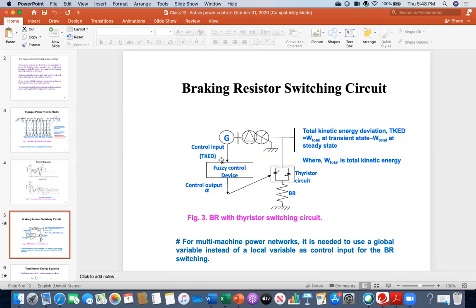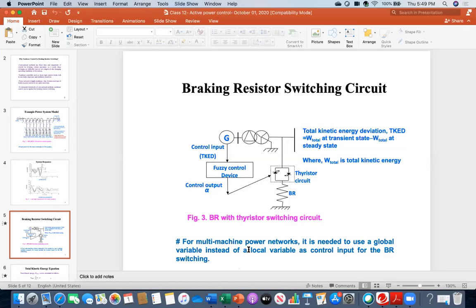Then it calculates the total kinetic energy amount, compares it with the steady state value, and if there is a difference, that goes to the thyristor. So what I am emphasizing by TKED is for a multi-machine power network, multi-machine meaning when there is more than one machine.